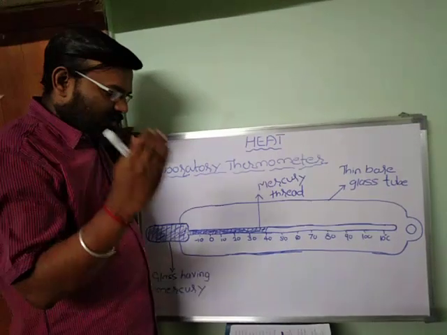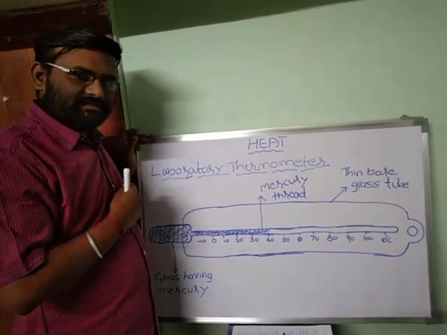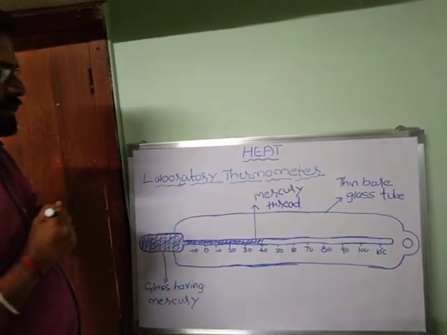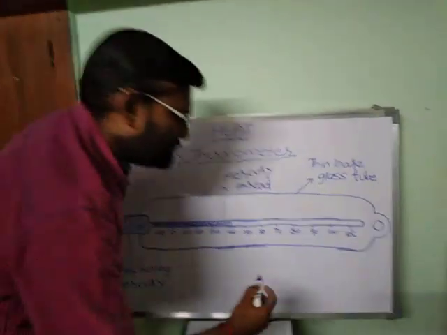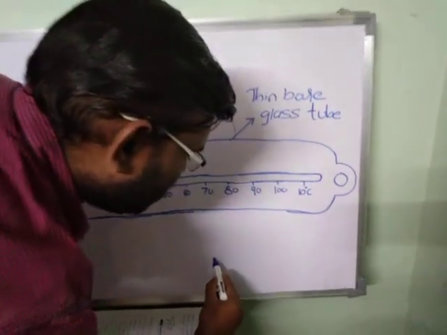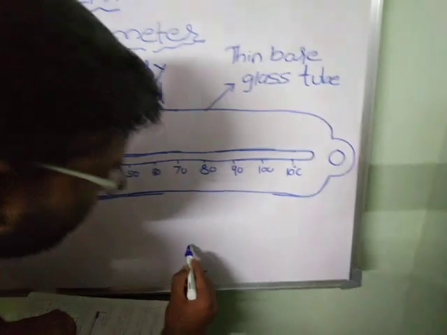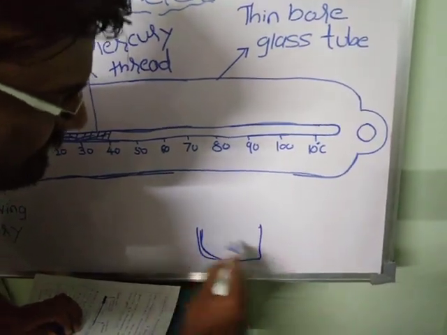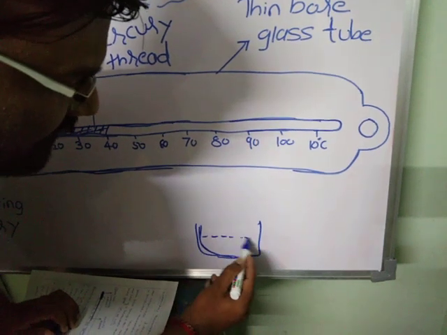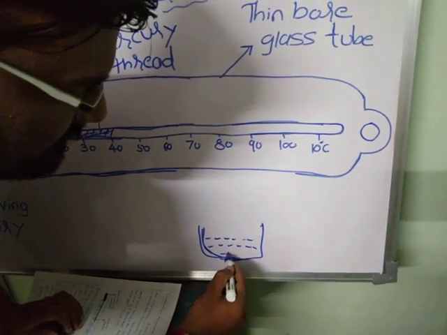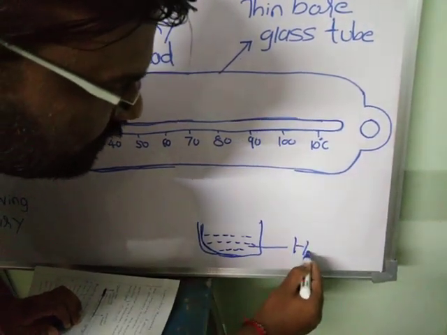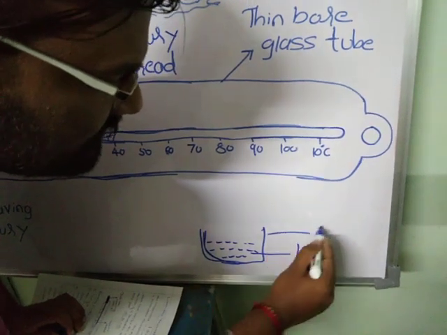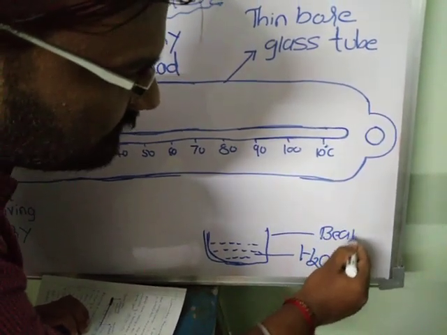Then how to use it? I draw it here, small. For example, this is a beaker I have taken, and here I have taken water, H2O.